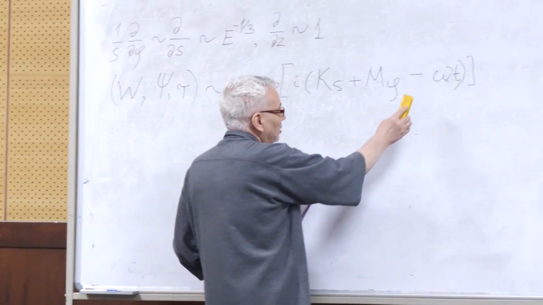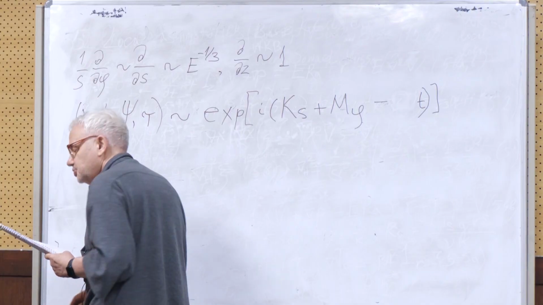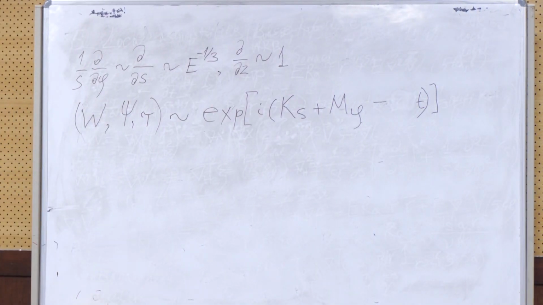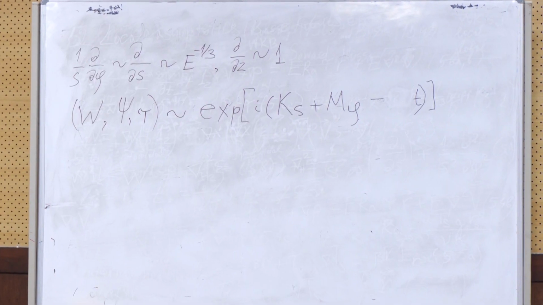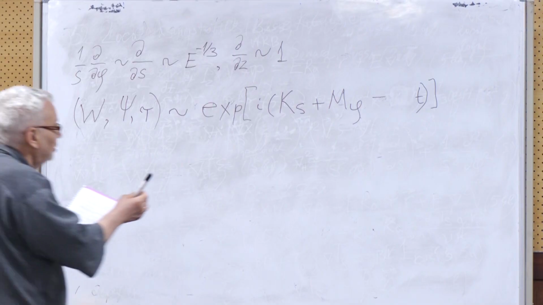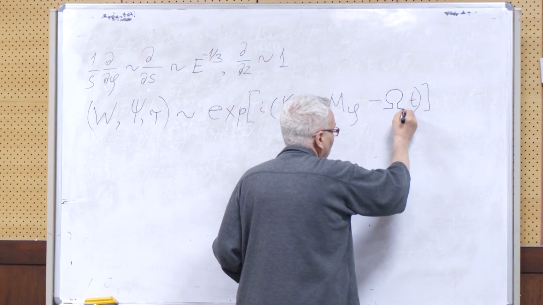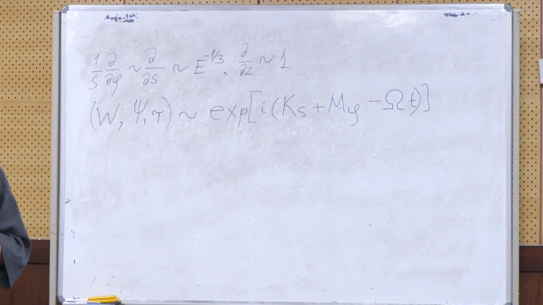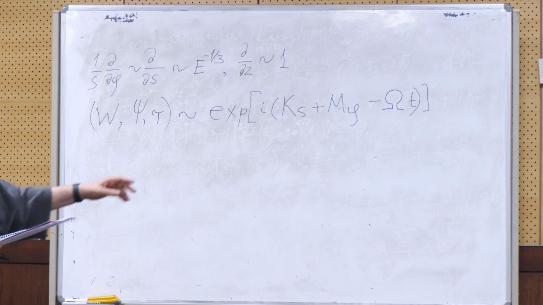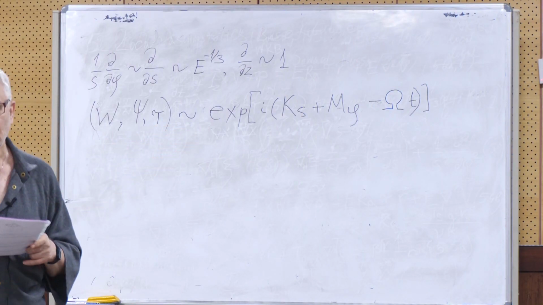But you should distinguish this capital omega from the first omega which we used before. It's such a big mess with the notation, but you should be careful that this capital omega is not the omega which we used at the beginning.